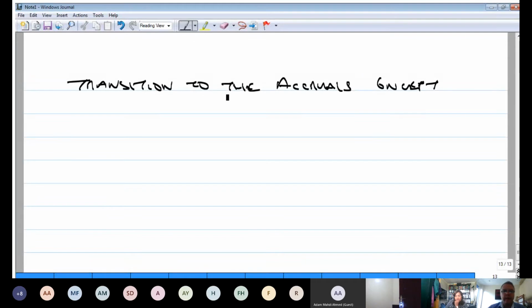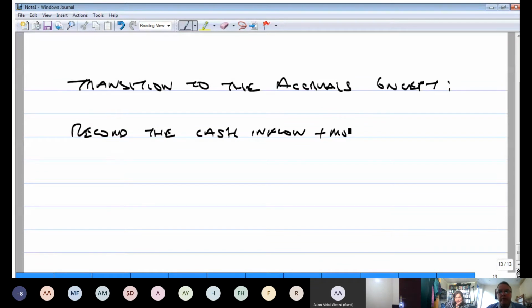Now, the accruals concept says that you record the cash inflow, the same as cash, nothing changes, plus any money you are owed. See the difference? So you still record the cash inflow plus any money you are owed. That's a big difference. And so there's the income.